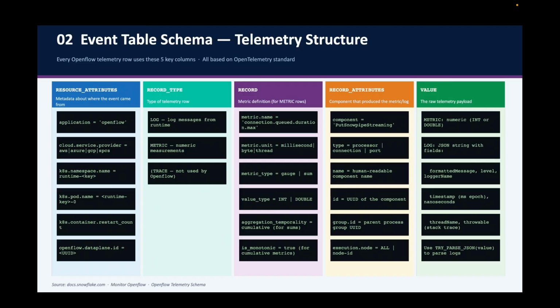Metric type is gauge or sum. Value type is int or double. Aggregation temporality is cumulative for sums. Is monotonic equals true for cumulative metrics. That's about the record column. Let us see what attributes we can fetch from record attributes. The component that produces the metric or log.